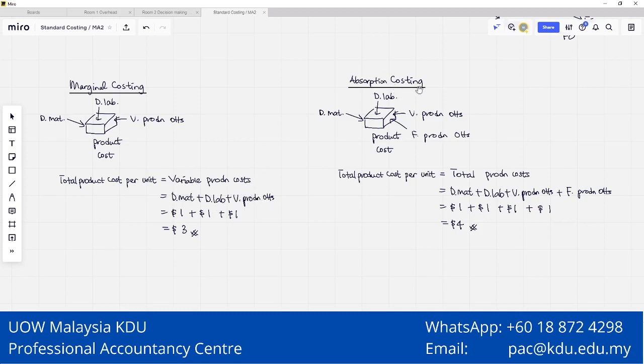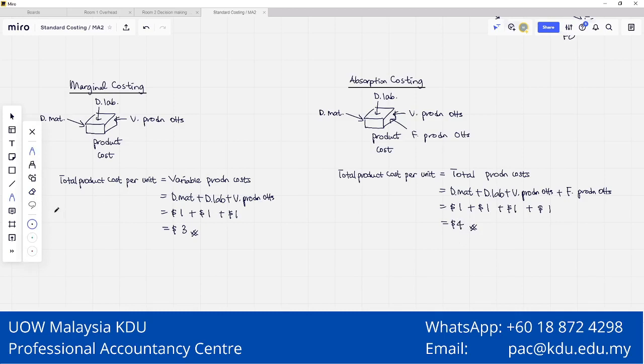But under absorption costing, I have to take total production cost. That means all the variable production costs plus fixed production overheads together. In my example, all the elements are $1 each. That's why the total product cost per unit under absorption costing is $4.